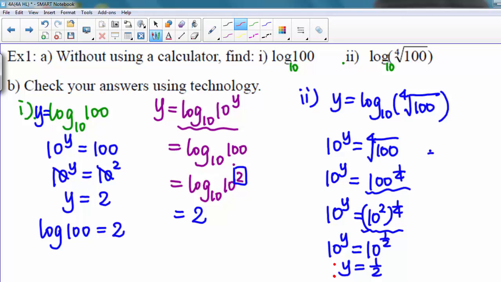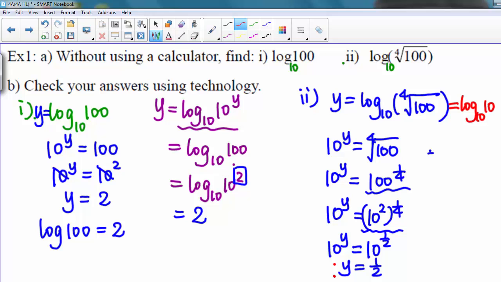The second method is we also can just find the value based on the log form right away. So we can change this argument to 10 to the power of 1/2. If you want to show how you change this to 10 to the power 1/2 step by step, of course, go for it.